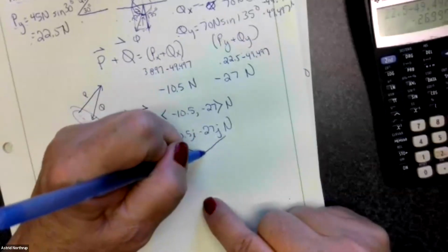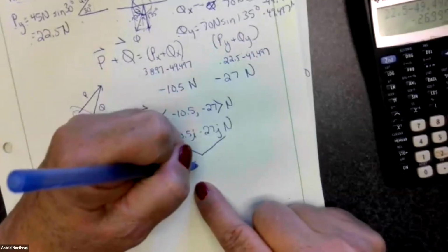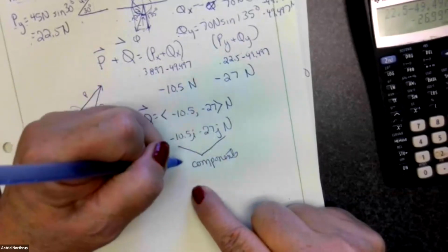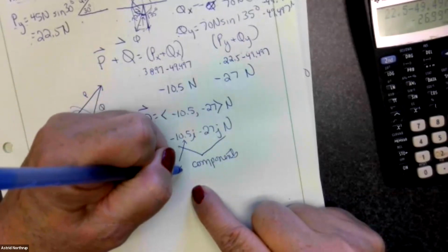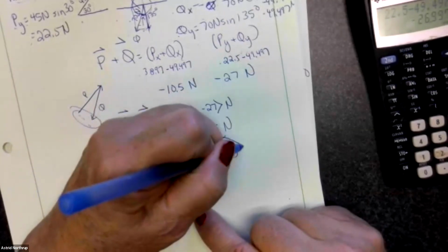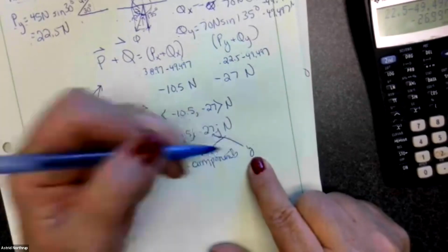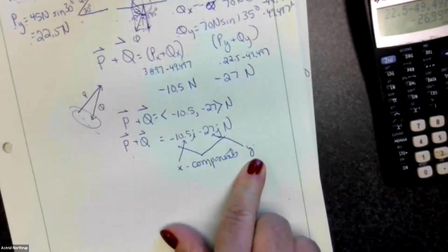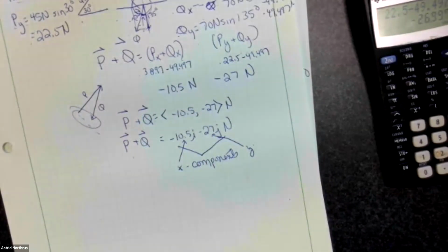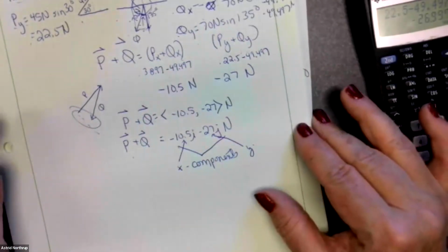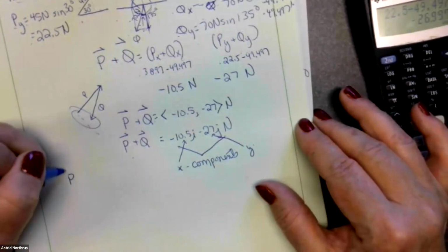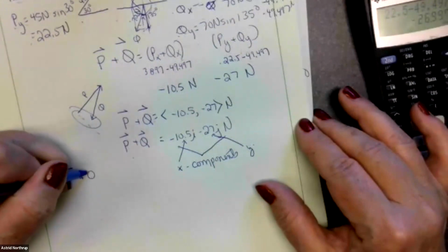All right, so here's what this looks like. These are the components. This is the x component of the vector P plus Q. This is the y component of the vector P plus Q. And this is the vector sum of P plus Q. Now, for addition, the commutative property holds.